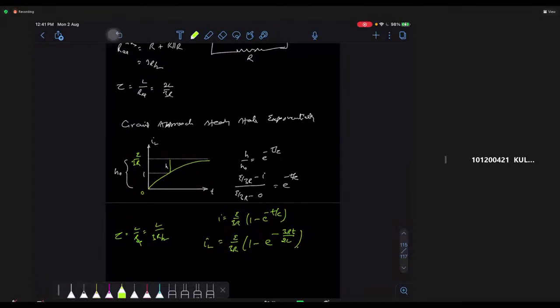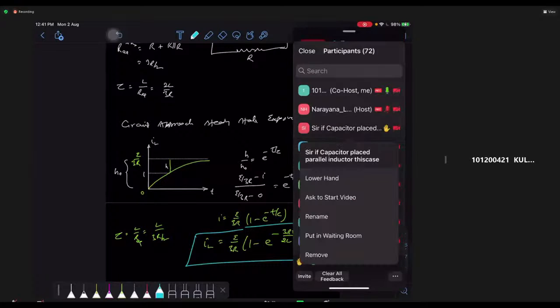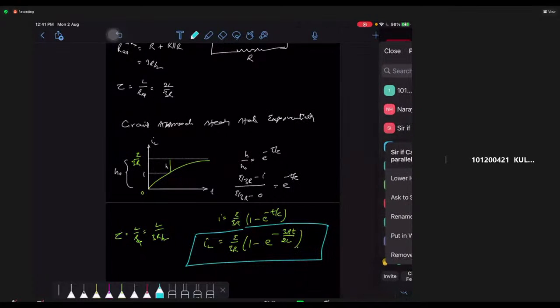So I got the current through the inductor at any time instant, and this current is rising exponentially. Right? Okay.